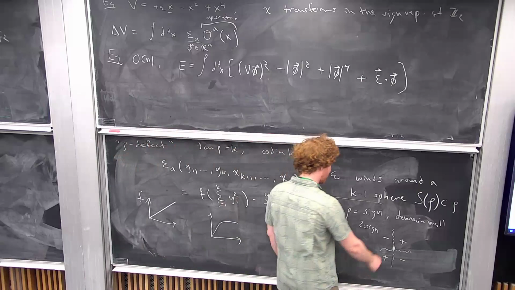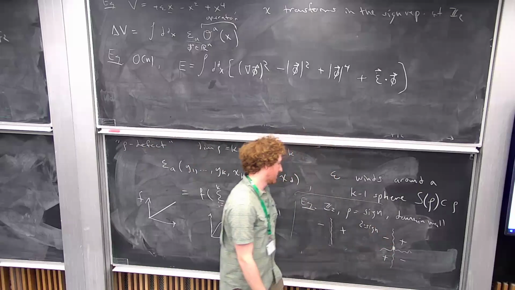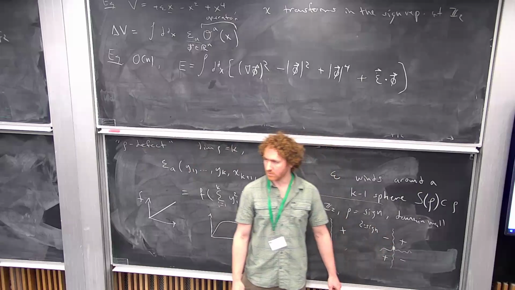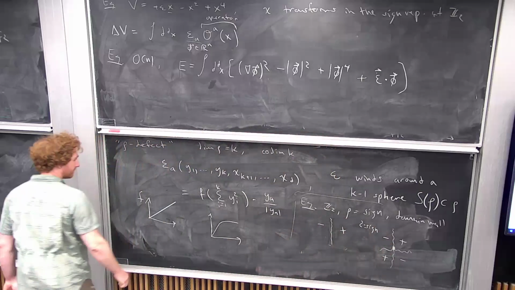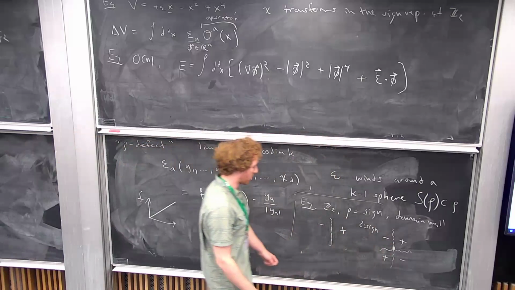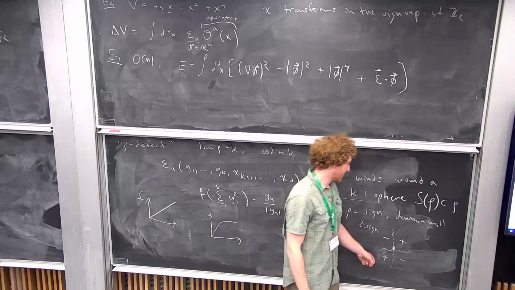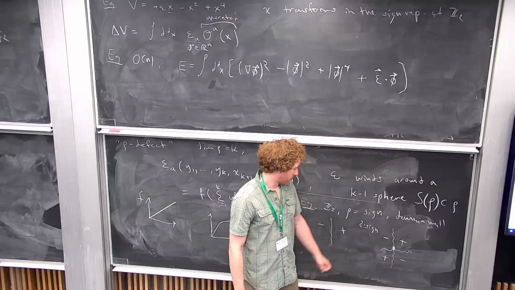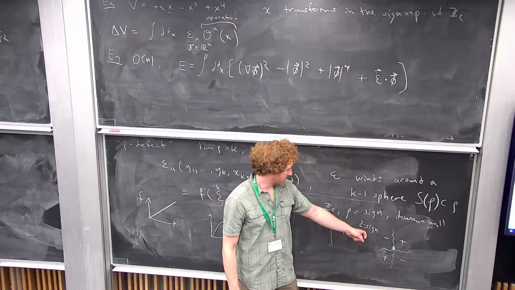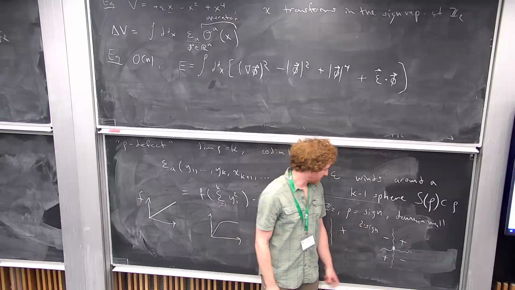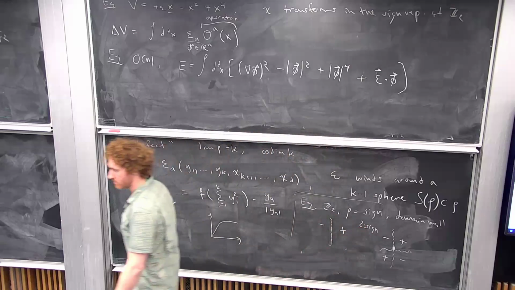So this is a very non-generic defect from the point of view of spontaneous symmetry breaking, but it's something that we can consider in explicit symmetry breaking. Non-generic because the sphere in this 2 times sign representation splits into a lot of orbits of Z2.